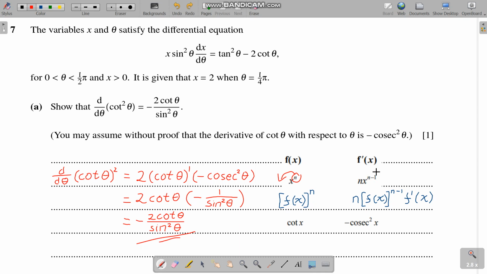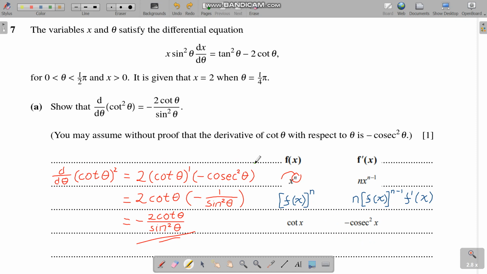So same thing here, we bring this power down. We have 2 times the new power is 1, but we have to use the chain rule, so we multiply by the derivative of the base, which is the derivative of cotangent, which is minus cosecant squared. So this is what we get from the differentiation.